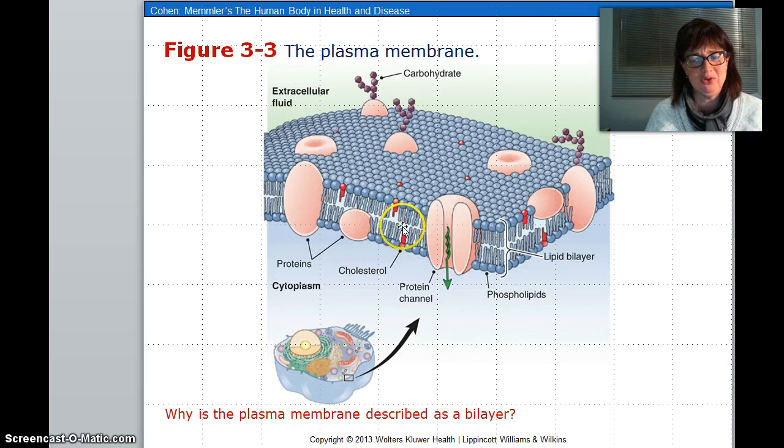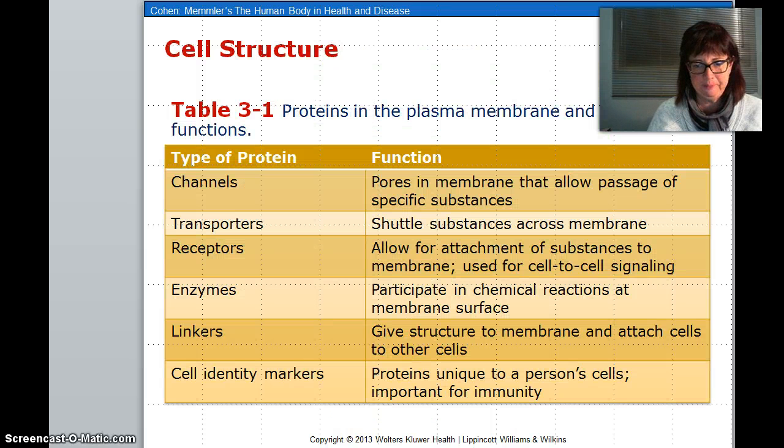So you have the non-polar inside, and the polar outside reacts with water. It's a bilayer in the fact that there are two layers of it. Inside the phospholipid bilayer are proteins. Proteins can act as channels or they can act as transporters. Okay, there's a bit there on the cell plasma membrane.